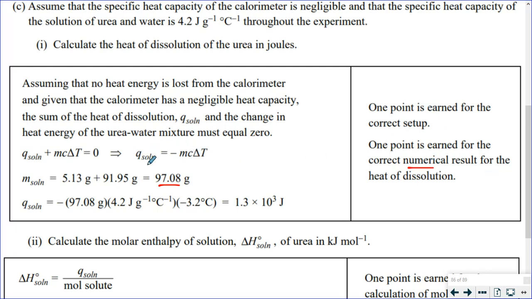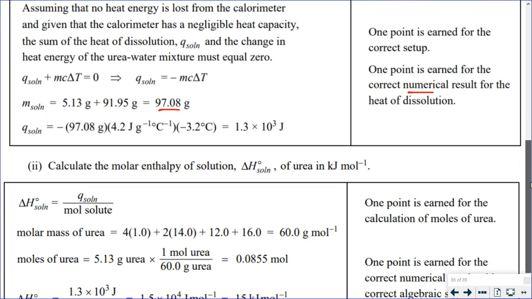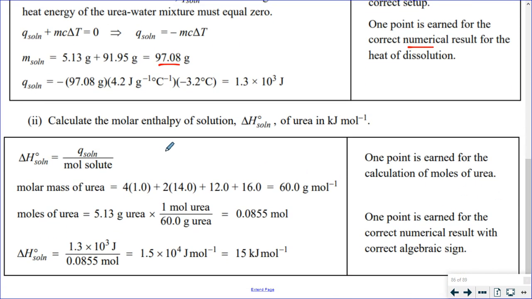That setup means that you're using this equation. And then I, your molar enthalpy of solution, you would convert your grams of urea into moles. You get 1 point for that if you got this answer. And then take your joules, convert it into kilojoules, and divide by your moles, and you get this for your answer. And it has to have the correct algebraic sign. It must be positive because it's endothermic. That's the only way you can get that last point.